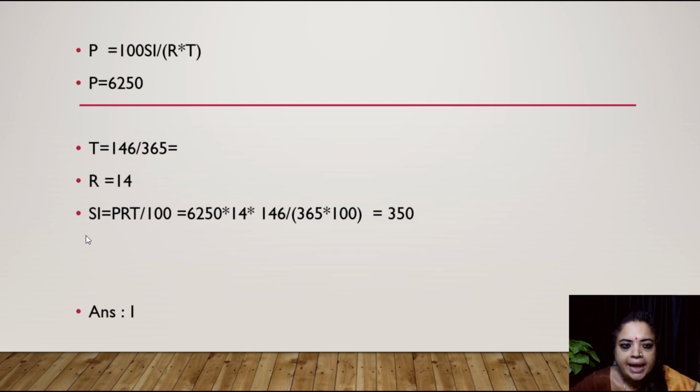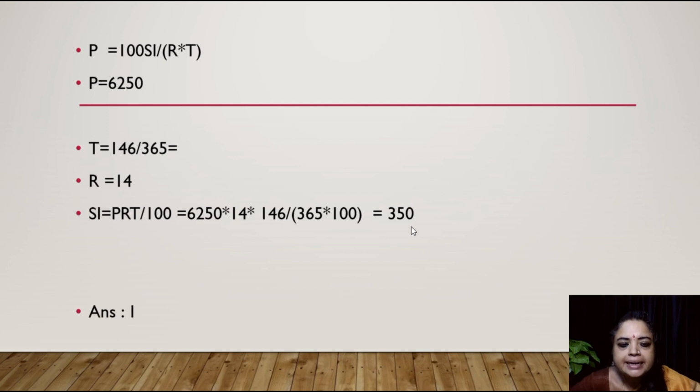So from that, since P is equal to 100 into SI by R into T, we can write alternatively SI is equal to P into R into T divided by 100. That will be 6,250 into 14 into 146 divided by 365 into 100, which will amount to 350.